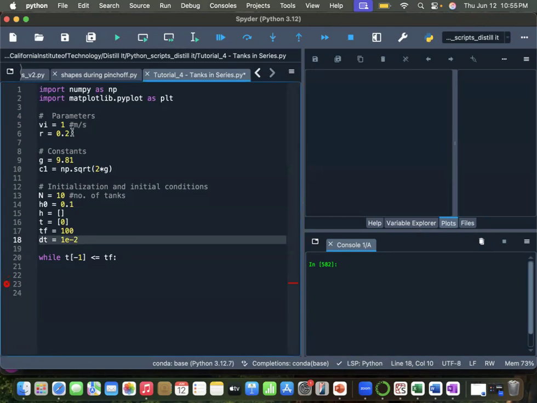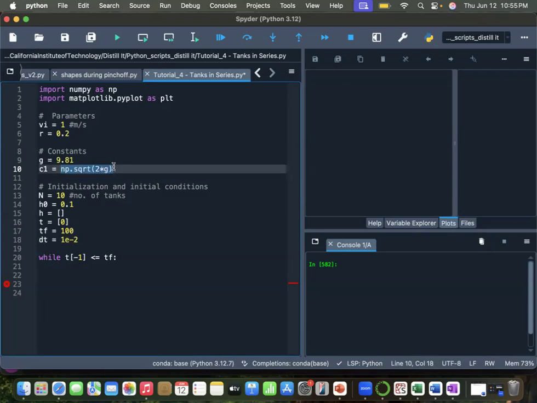I've got the ratio 0.2, the ratio of the pipe area over the cross-sectional area of the tank. I've got my acceleration due to gravity, and we saw the square root of 2g occurring many times, so we've considered that as an additional constant. In general, whenever we are coding, we try to evaluate as many constants as we can outside the loops so that we don't have much trouble with the calculations inside, right?